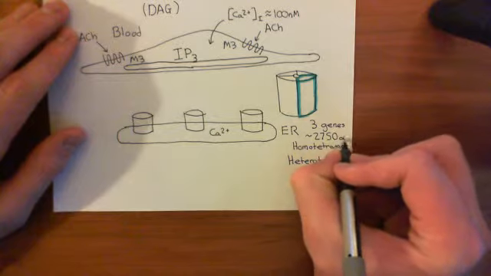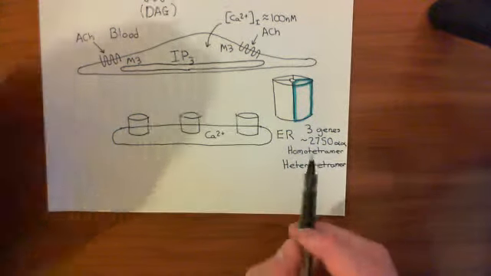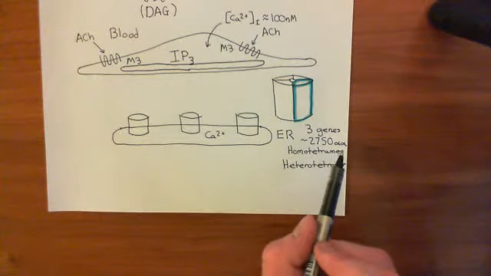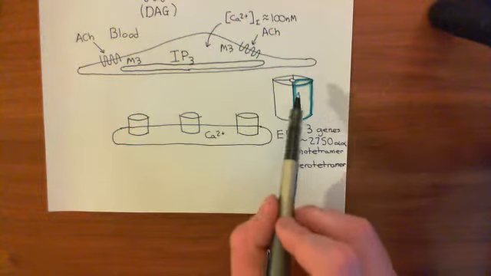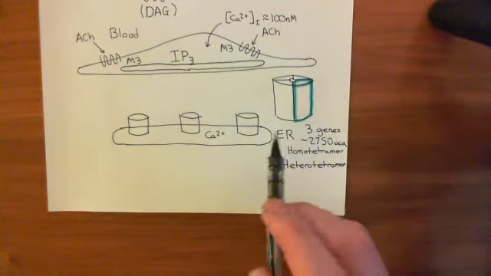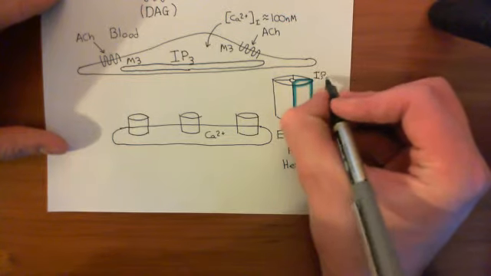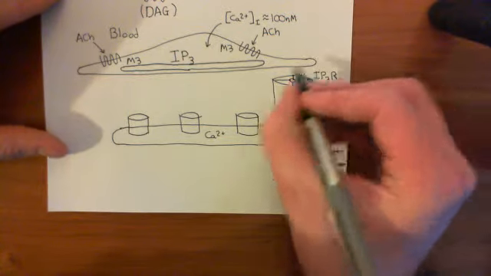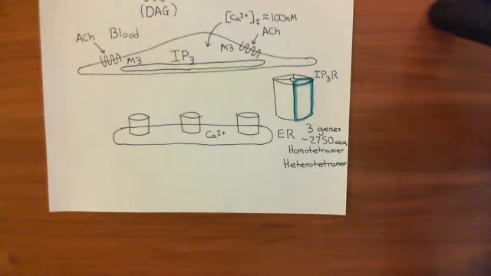So when people write alpha, that means amino acids. So it's around 2,750 amino acids long. You put 4 of those together to make the IP3 receptor, often just denoted as the IP3R. So this overall IP3 receptor is a massive great protein complex.